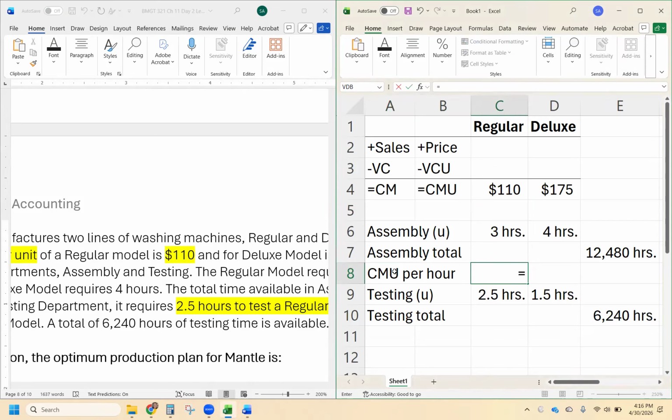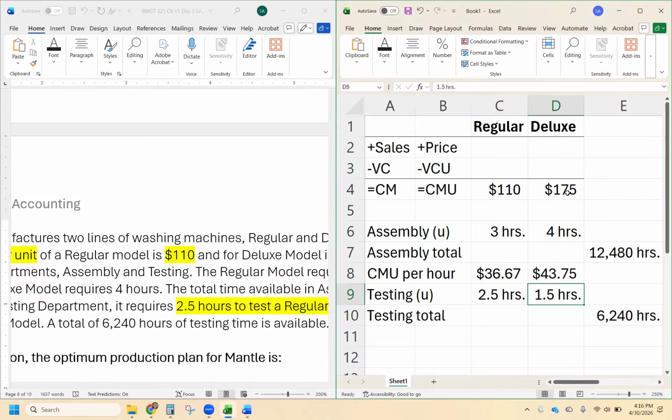So this is going to be 110 divided by 3. And then this one will be 175 divided by 4. Okay, so this one is the best, just based on CMU. Oh, I should put total up here.